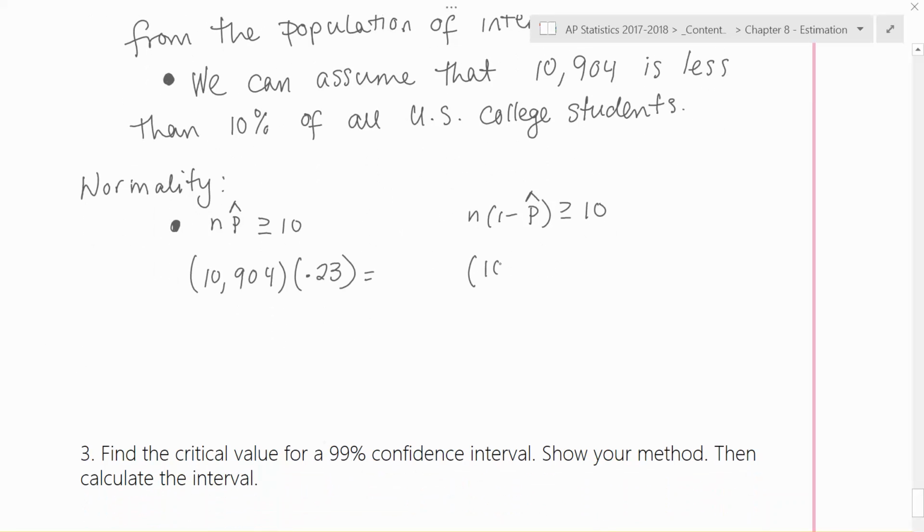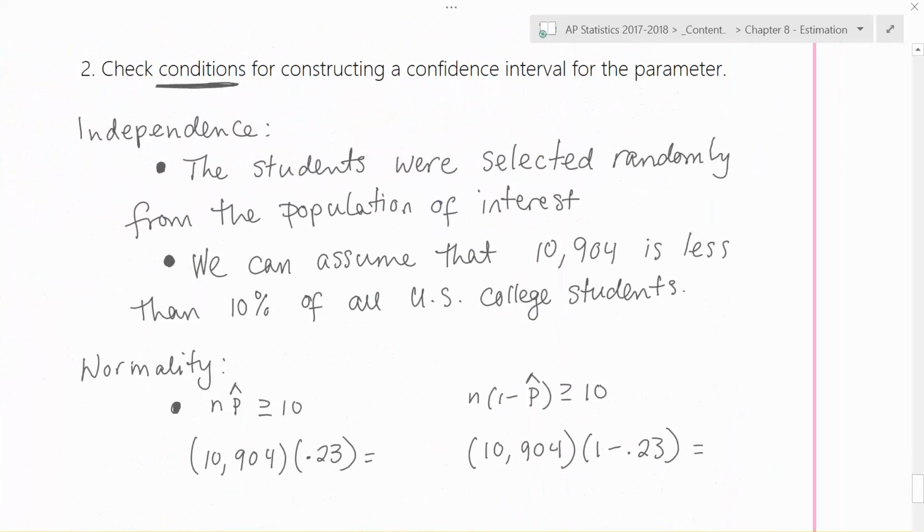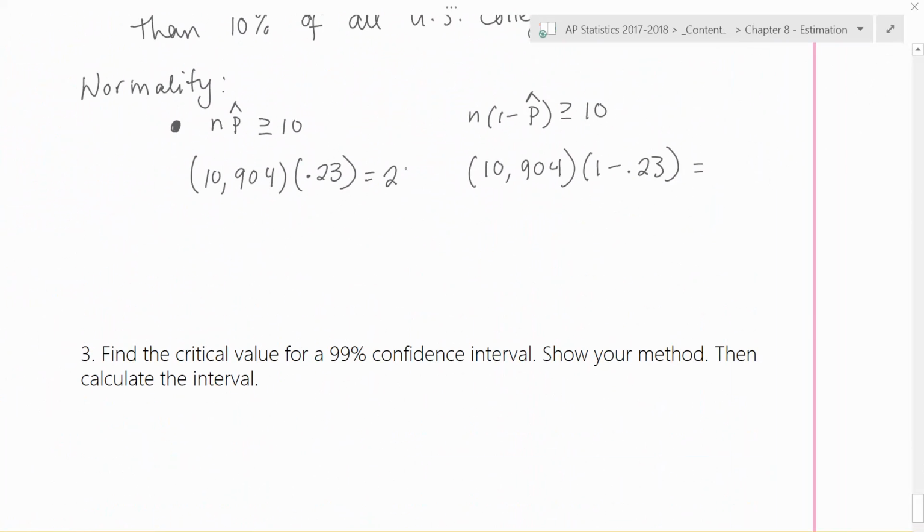So then we have 10,904 times 1 minus 0.23. Okay, so these should work out to 2,486.